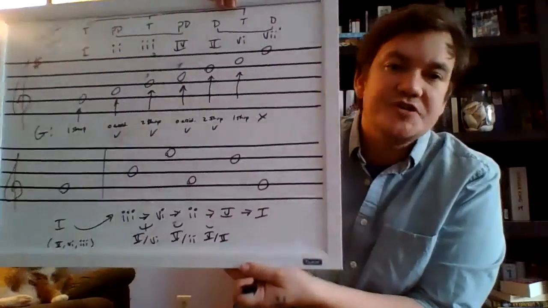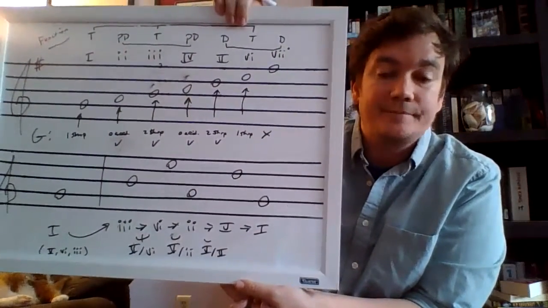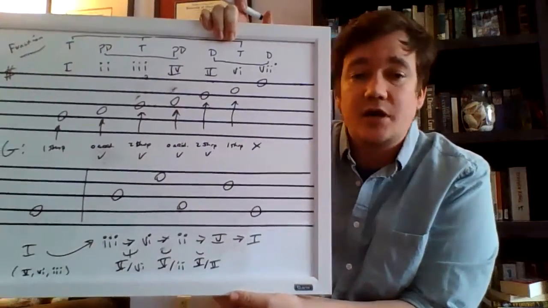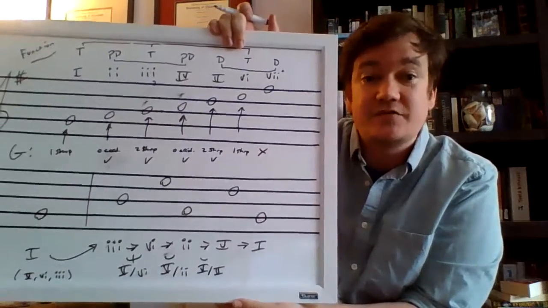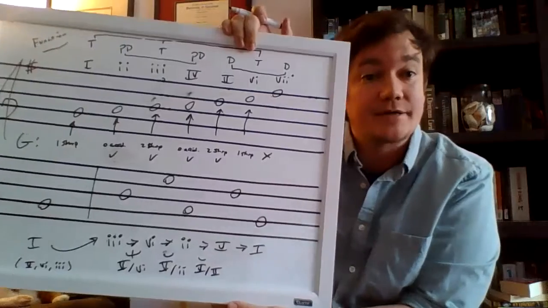For where we're at right now, we'll typically see a lot of 5 of 6, 5 of 2, 5 of 5, and then back to 1. So this is a larger scope tonicization sequence that would typically get us from our 3 chord back to 1.